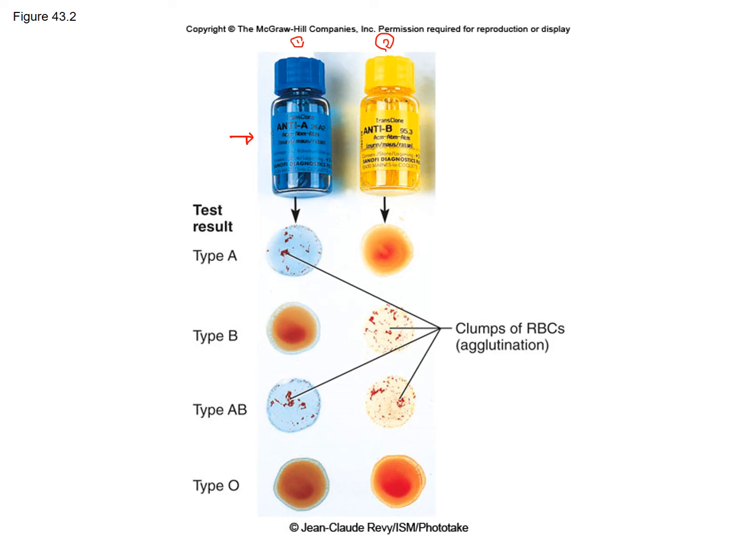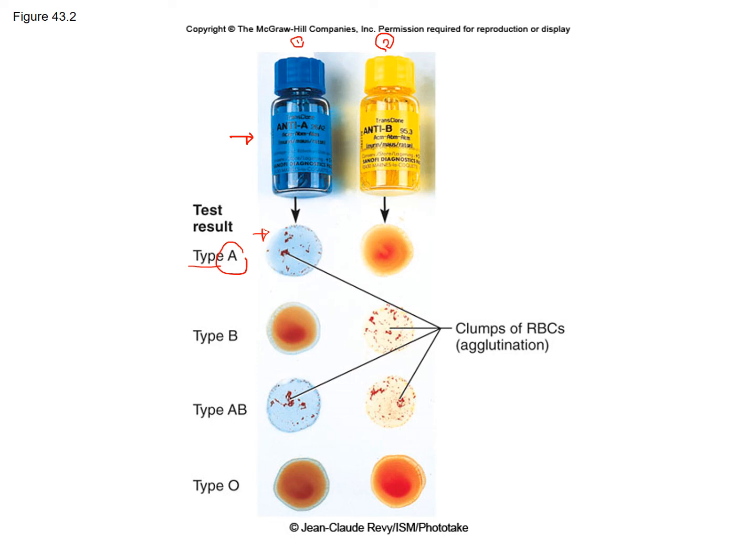So if you add type A blood, you add anti-A and anti-B. Anti-B, no reaction. Anti-A, there is a reaction. That means this is type A, agglutination here, or clumping. See, it becomes thick. That means this blood is type A. You add anti-A, nothing, it's clear.